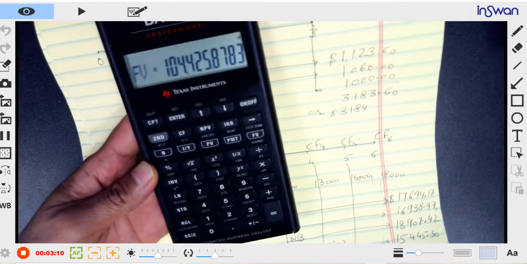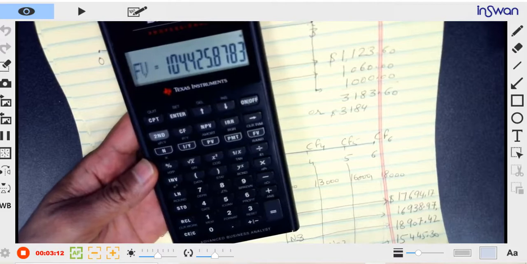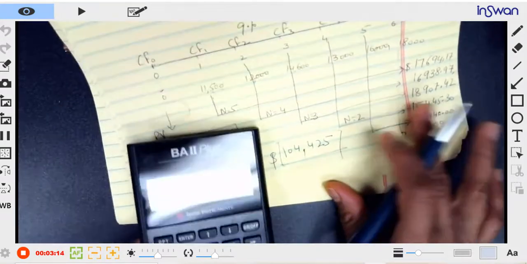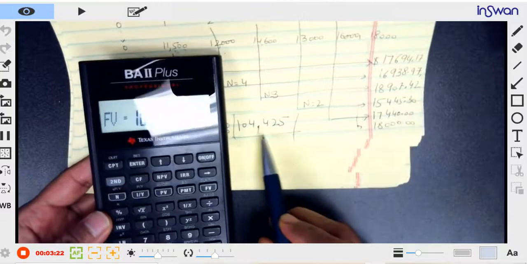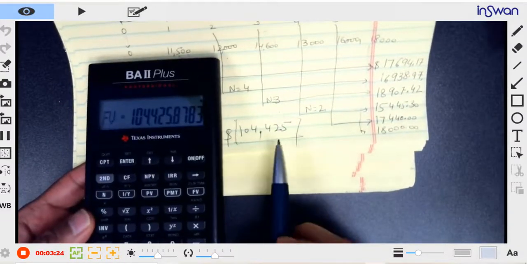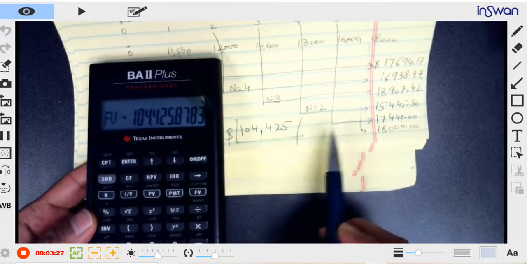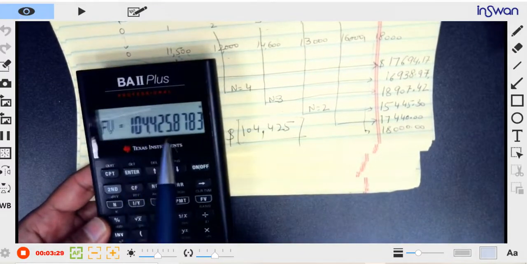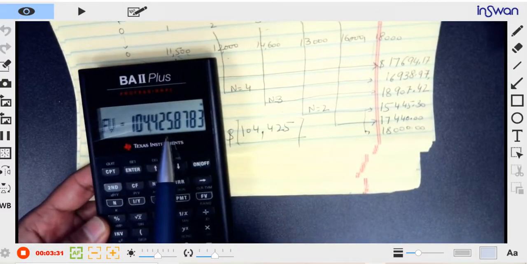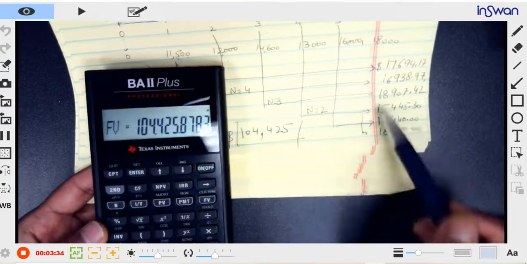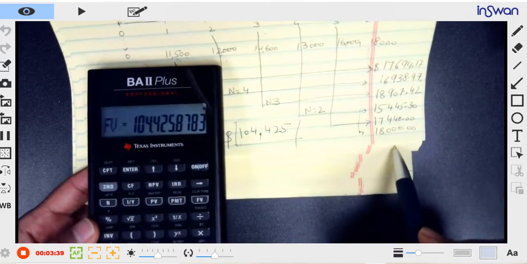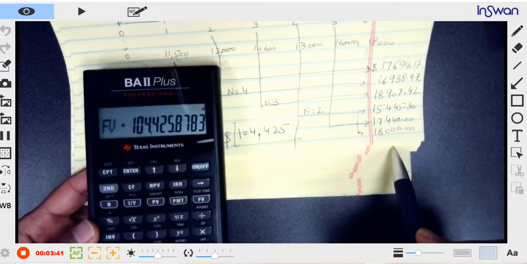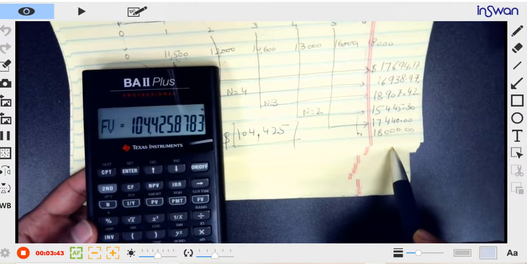This is how you will get the future value of those cash flows: $104,425.87, and it is the same thing right here. The slight difference is because of the approximation that I did here. So that's how you calculate the future value of a mixed stream.